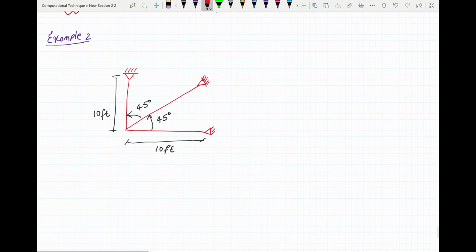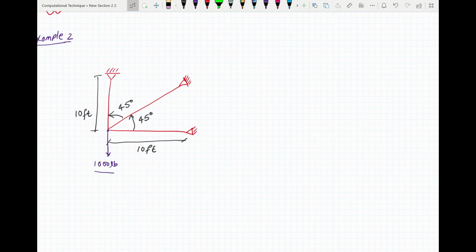And let's say we have a force here acting downwards, and let it be 1000 pounds. And let the elastic modulus be 30 into 10 to the power 6 psi, and area be 2 inches square for all of these elements.